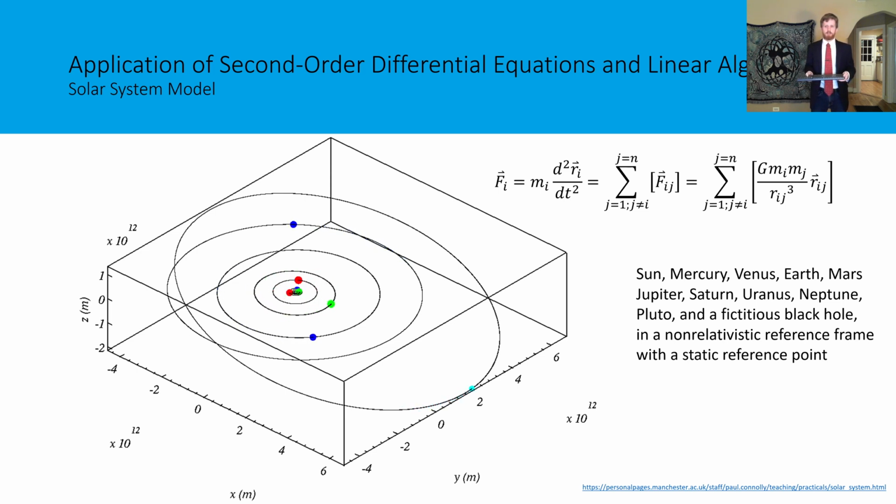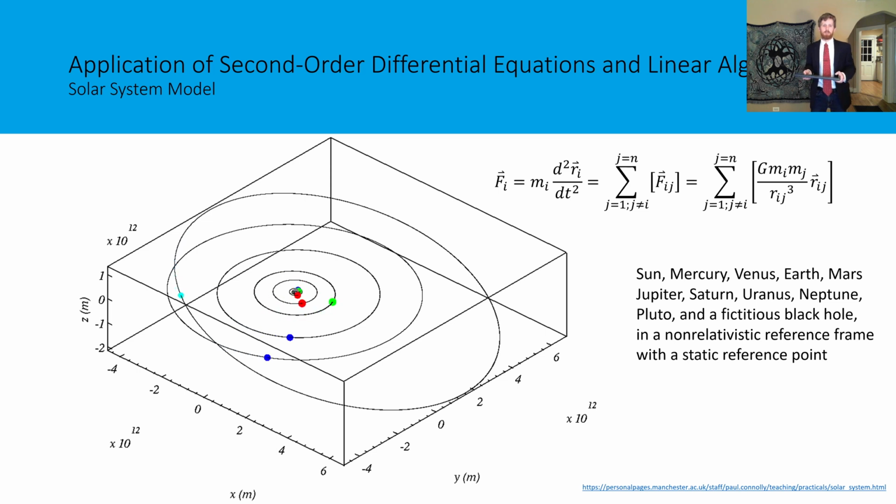One more limitation is that we're considering classical mechanics at work here. We're not considering special relativity or general relativity. But let's actually consider the classical mechanics here. What's that big equation actually saying? So, the vector Fi is the net vector force on the ith celestial body.